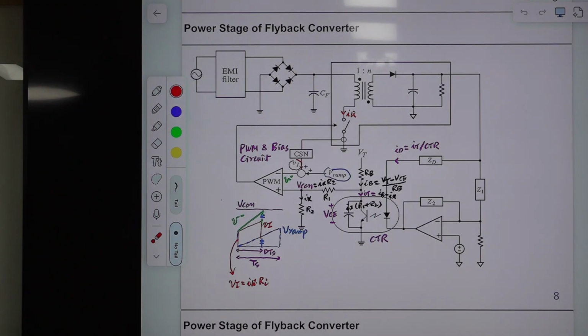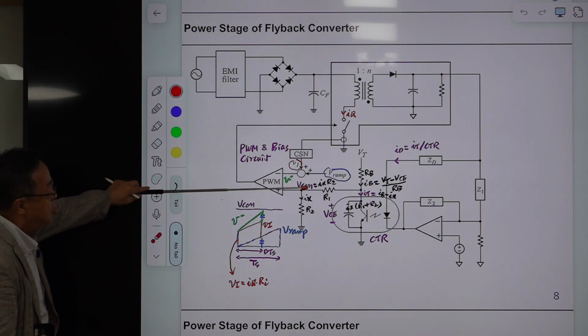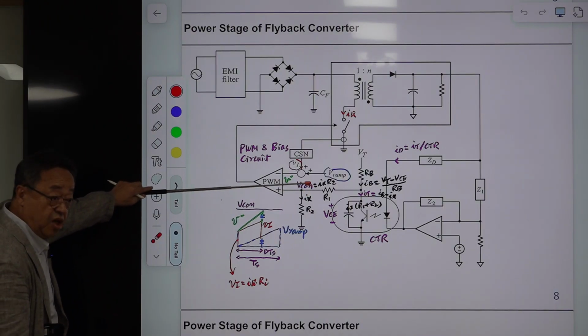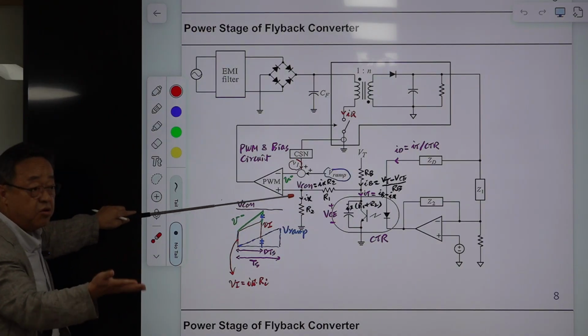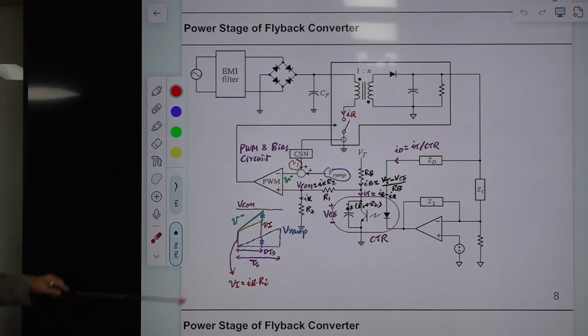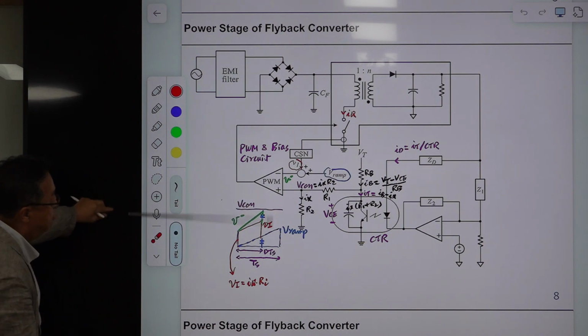The principle of PWM is that this control knob is fixed at a finite value. Maybe there is some ripple component, but we assume the ripple component is negligible, so there is a constant here, some value.